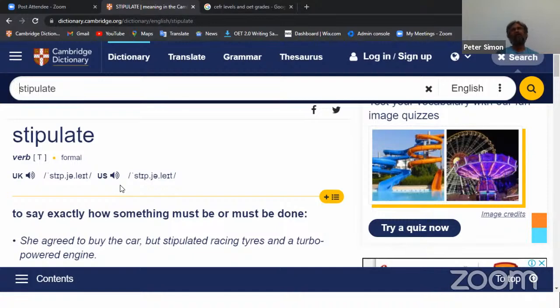Stretching and strengthening exercises must be continued. Full stop.